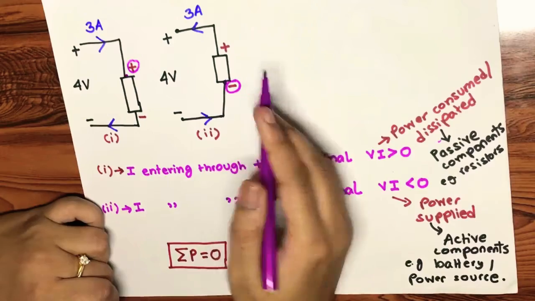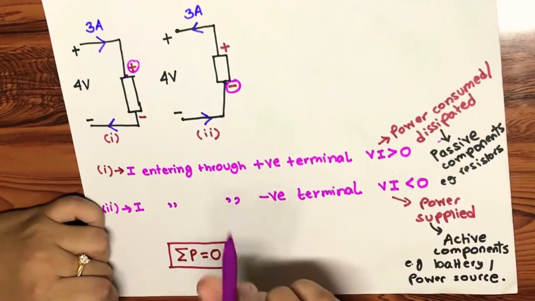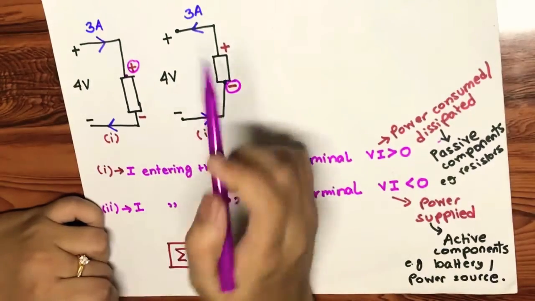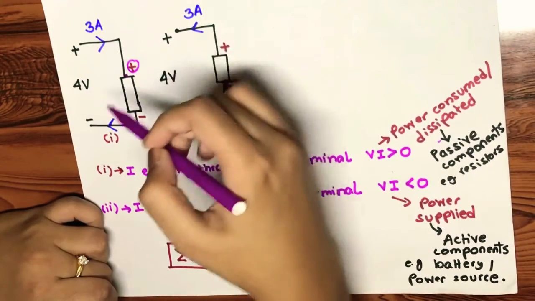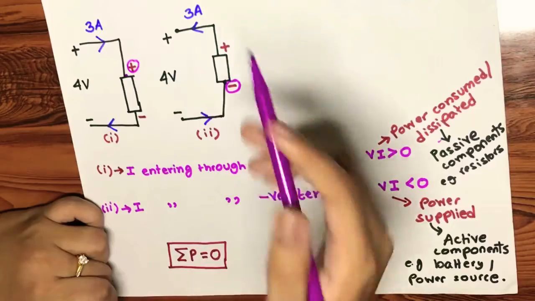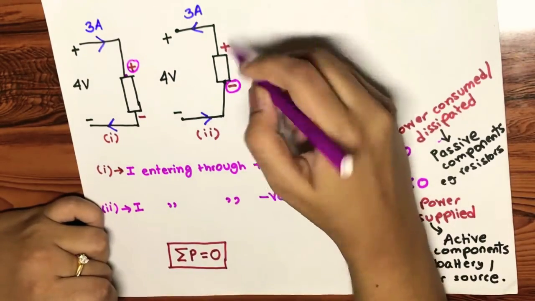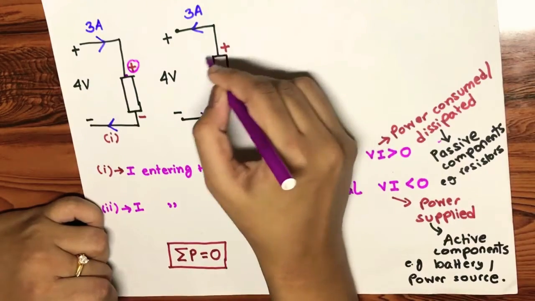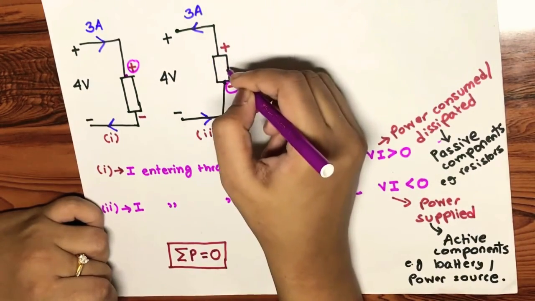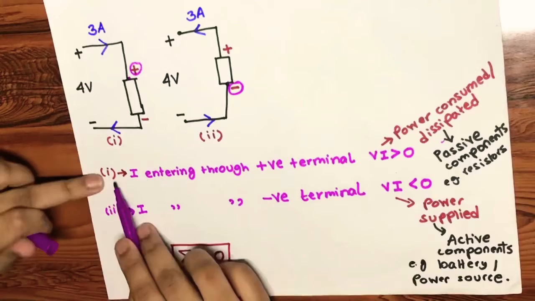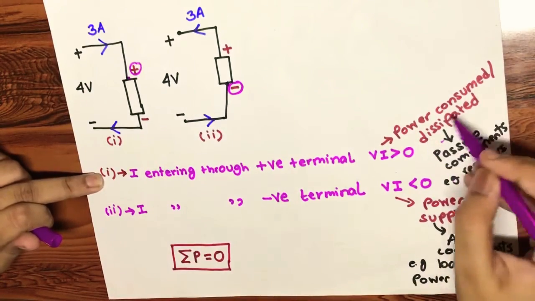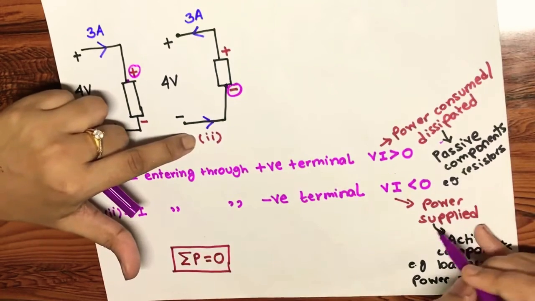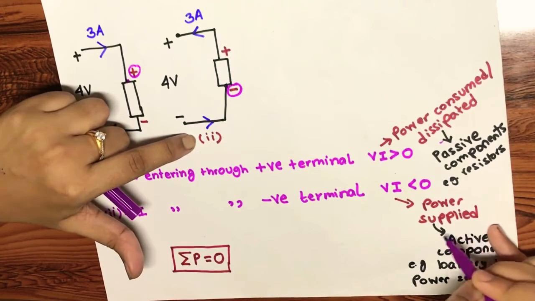And we know from the previous lecture that positive power means the power is being absorbed or used up, and negative power indicates that this component is actually supplying power. So for case 1, power is consumed or dissipated, and for case 2, power is being supplied as the power is negative.